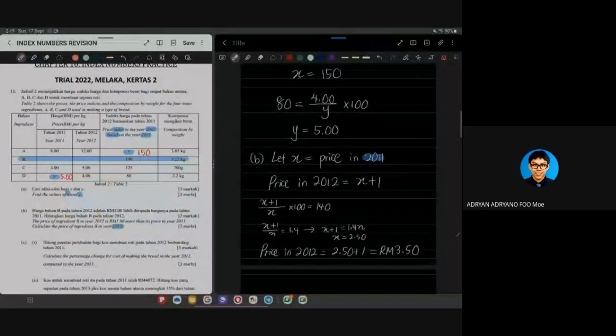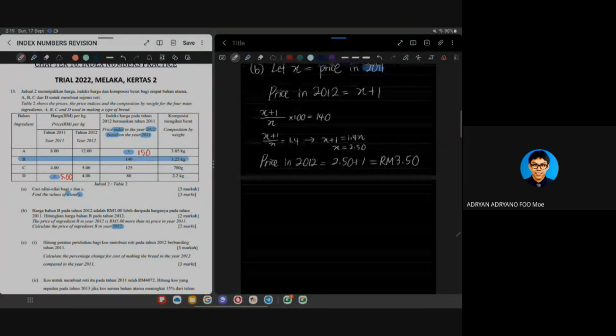Remember what you initially let. You must pay attention to what you let at the start. Because now you let X equal the price in 2011. So you must know that when you find X, that is 2011, not 2012 yet. So you need to add 1.